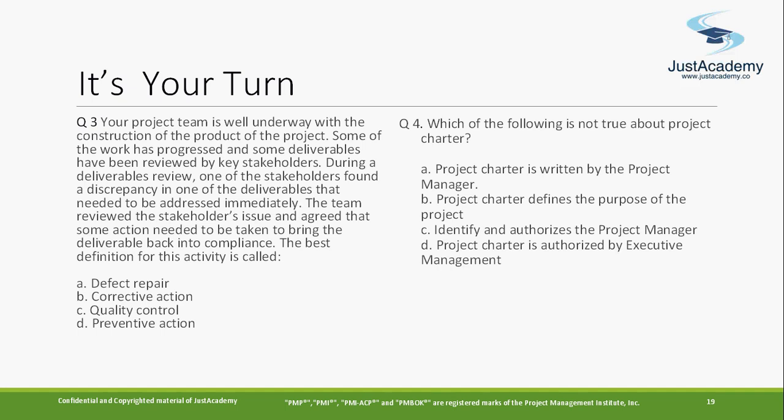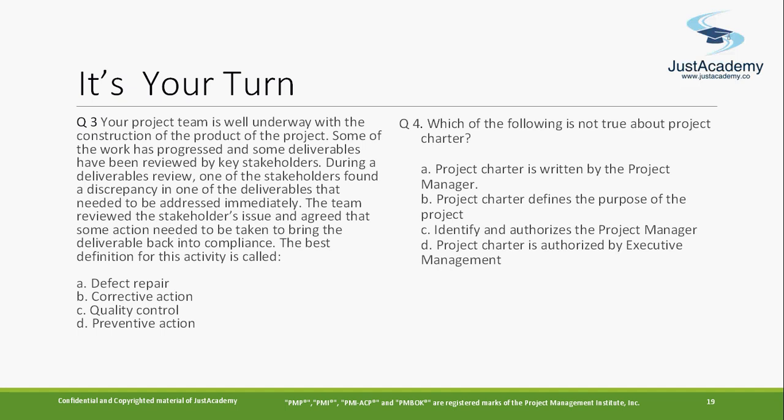Let's take this one. Your project team is well underway with the construction of the product of the project, and some of the work has progressed. Some deliverables have been reviewed by the stakeholder, since you are in the execution or monitoring phase.